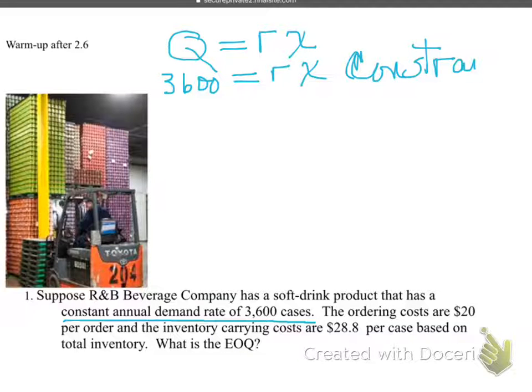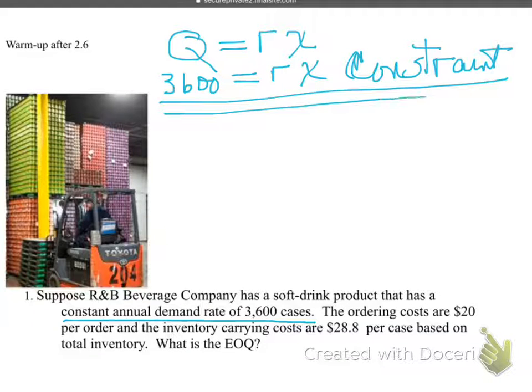That is the constraint. Remember, we're going to have an objective function, and for an economic order quantity objective function, we're going to say that inventory costs consist of ordering costs plus carrying costs. So I'll discuss this more as I go through this problem.